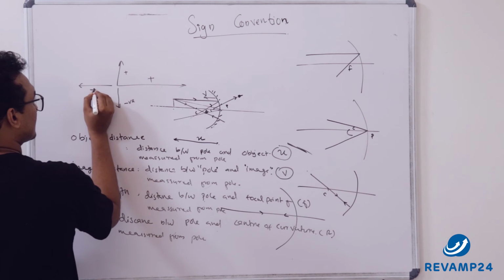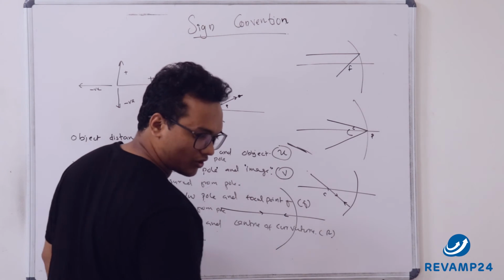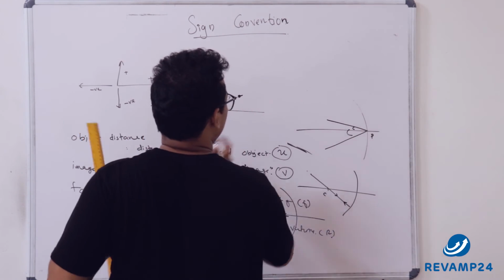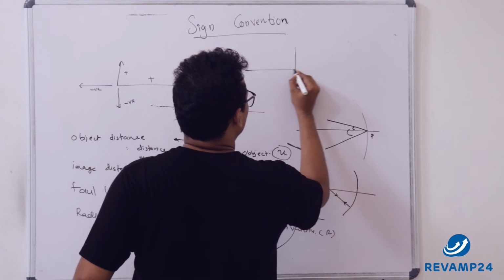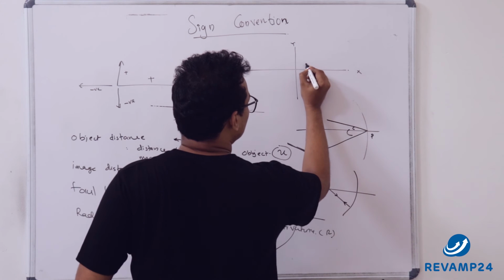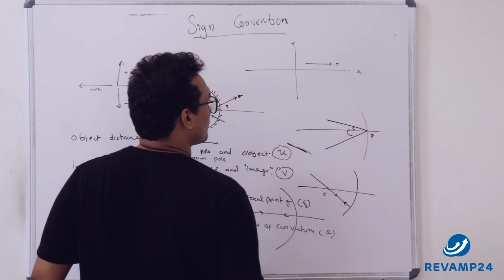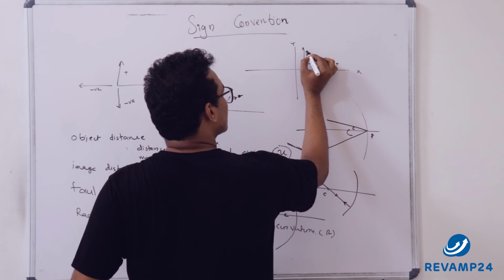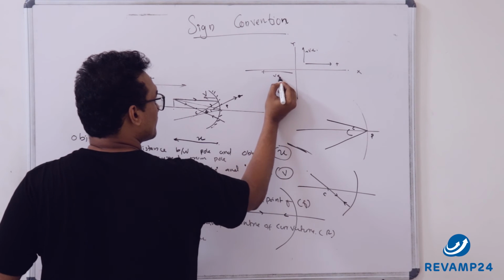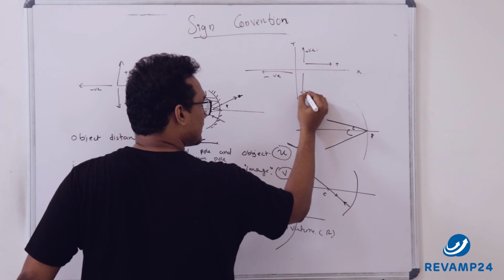Leftward is taken as negative. So in very short, just draw an XY axis. This is X axis and this is Y axis. This one is positive and this one is also positive, but this one is negative and downward is negative.